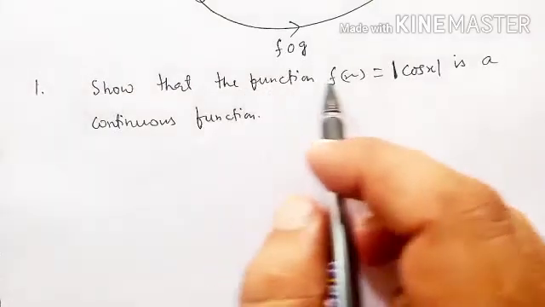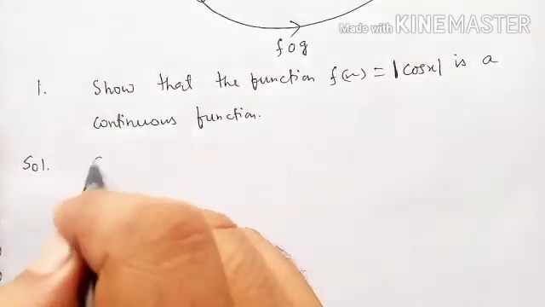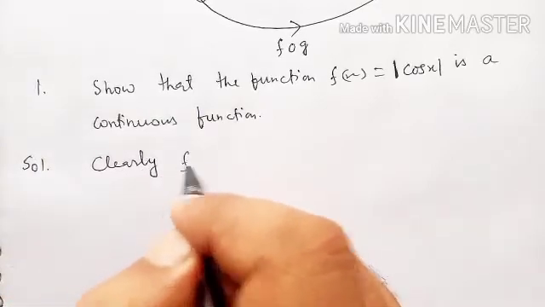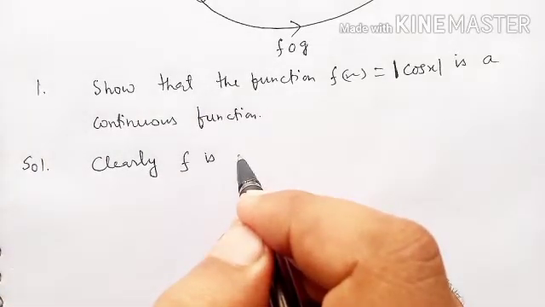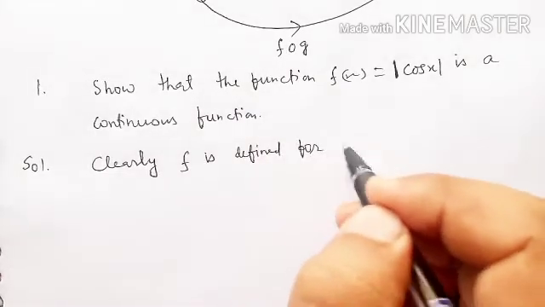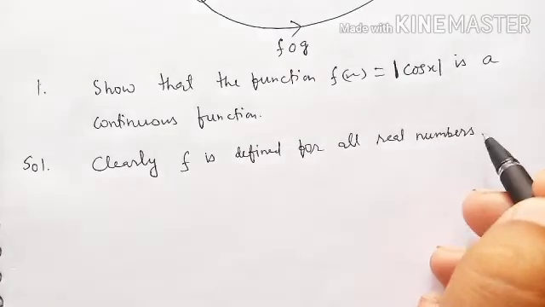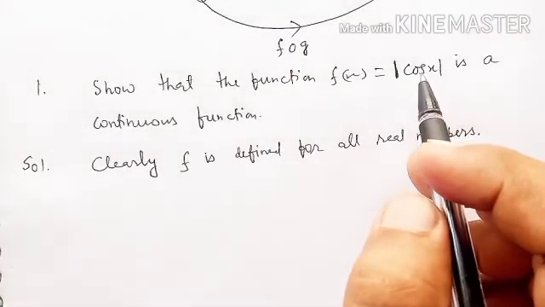Show that the function f(x) equals mod cos x is a continuous function. Solution. Clearly, f is defined for all real numbers. Now this is a composition of two functions.